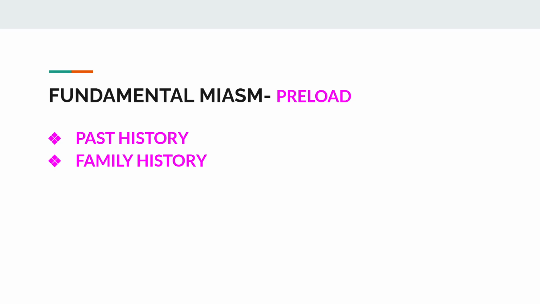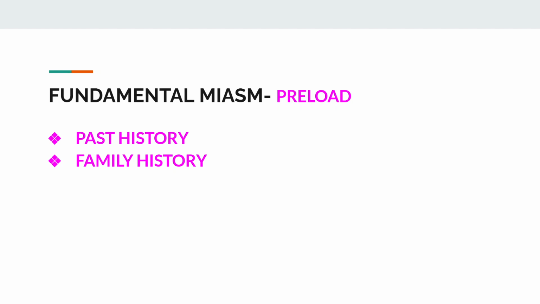The second aspect of the miasm is the fundamental miasm, that is the preload, also called the past history and family history. So, what is the load with which the patient is born? It indicates the various diseases he has suffered in the past and also the family history.